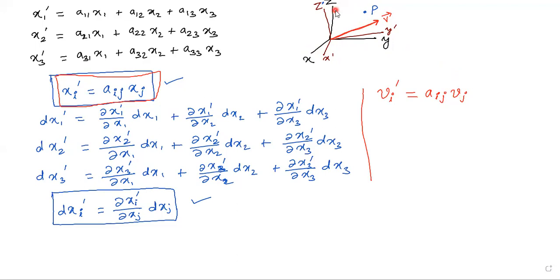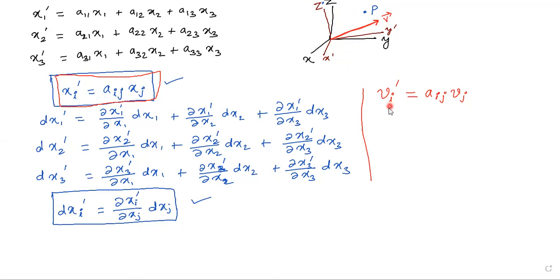the z-axis. Now, when the coordinate system is rotated from the xyz system to the x prime y prime z prime system, the components of V will also change. The new components of V in the rotated coordinates are Vi prime.